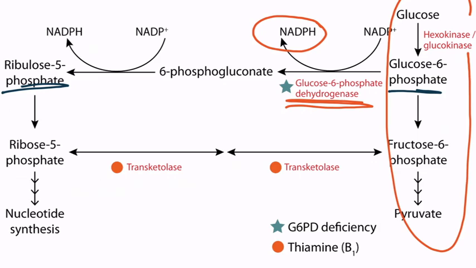Ribulose 5-phosphate can then be converted into ribose 5-phosphate by an enzyme that is relatively unimportant. Finally, ribose 5-phosphate can then either be utilized in the synthesis of nucleotides, or it can be returned to the glycolytic pathway in the form of fructose 6-phosphate. Notice that the conversion of ribose 5-phosphate to fructose 6-phosphate is catalyzed by the enzyme transketolase.